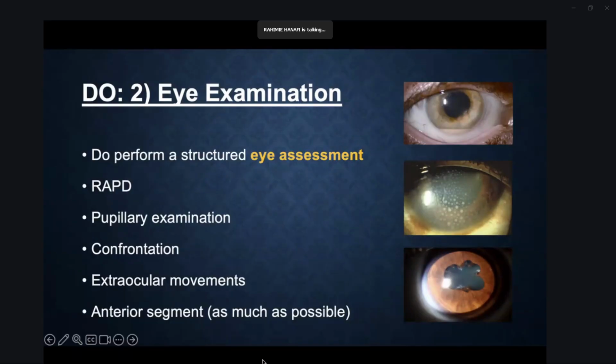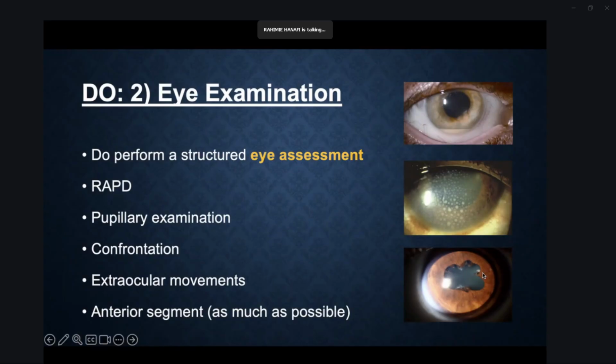Okay, and then you can look at the middle photo, there are a lot of keratic precipitates over the corneal endothelium. Of course, if the keratic precipitates are too small, too tiny, you may not be able to see them with your naked eyes. However, if they are this big, what we call mutton fat KPs, yes, you are definitely able to identify them, and it is also a sign of uveitis.